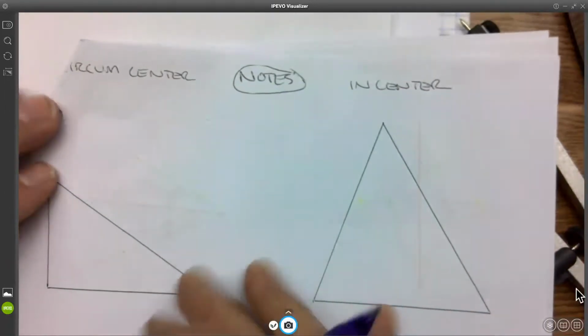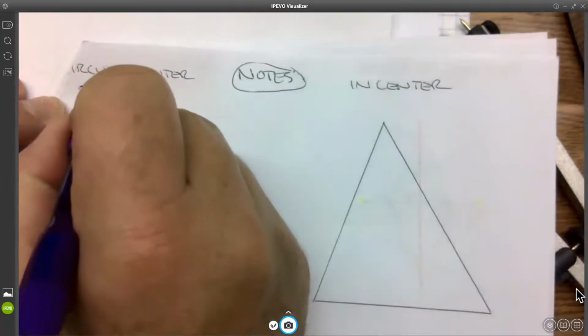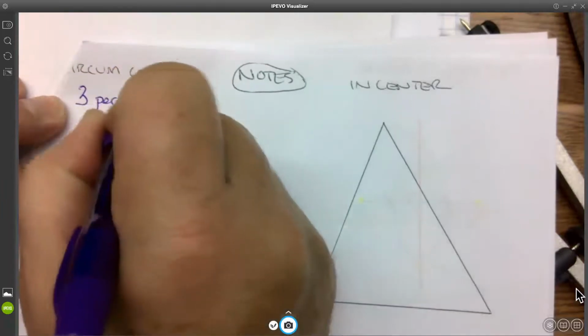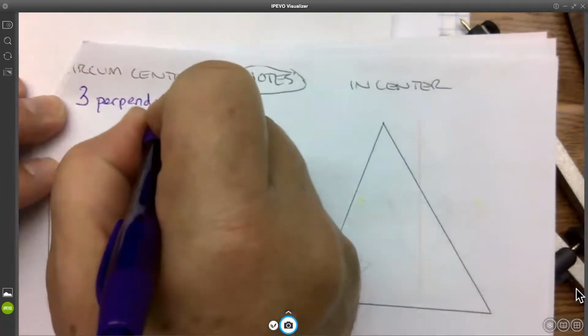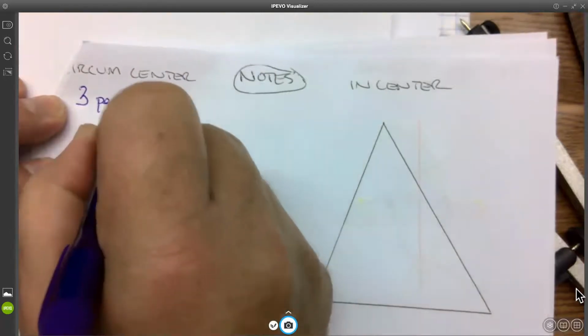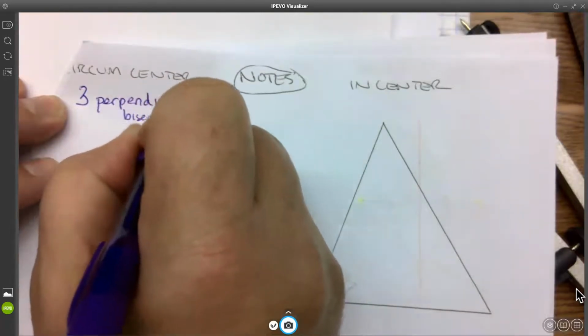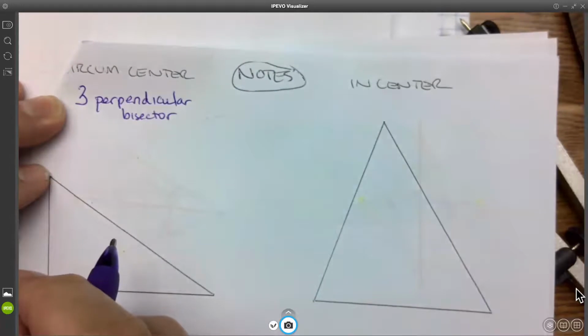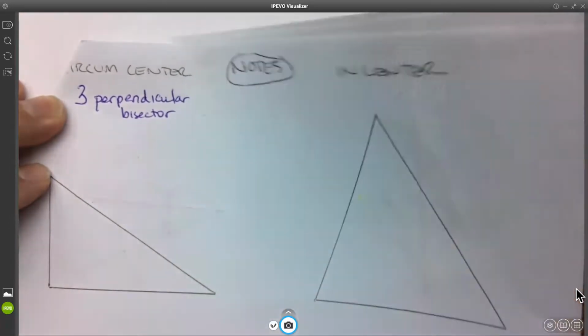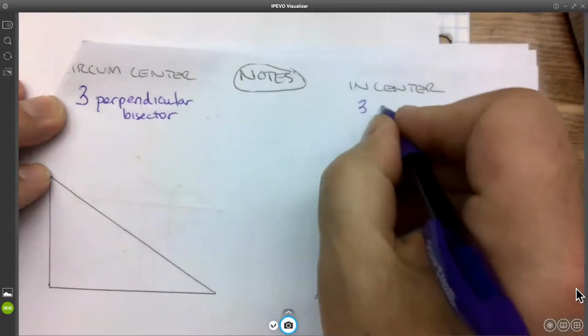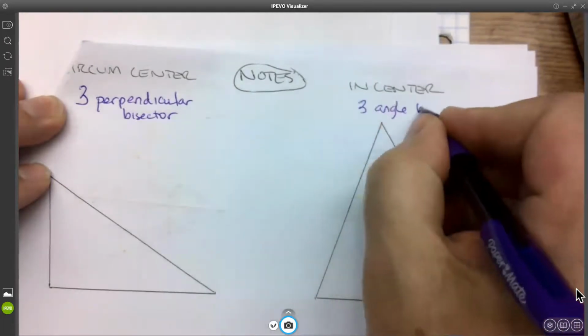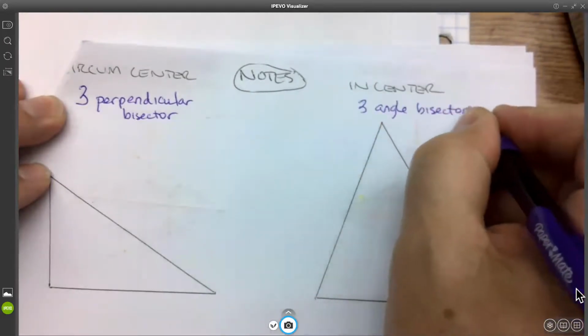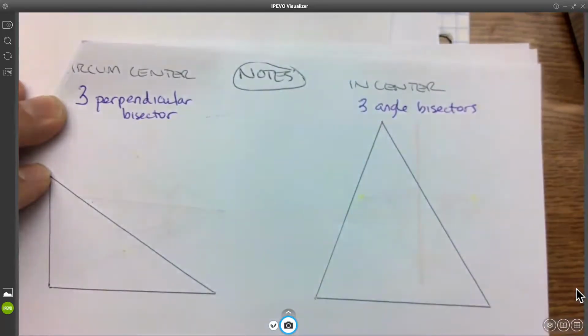Here's the trick. Do 3 perpendicular bisectors, and that'll make a circumcenter. Do 3 angle bisectors, and that'll be your in-center.